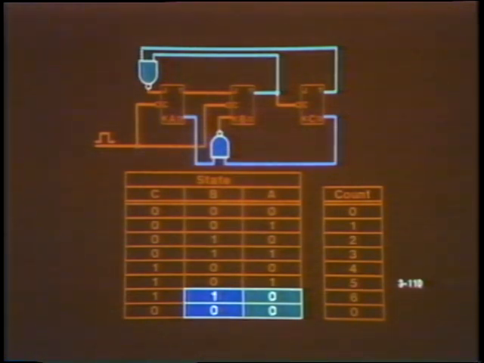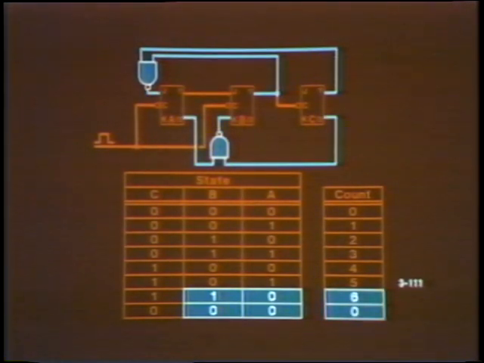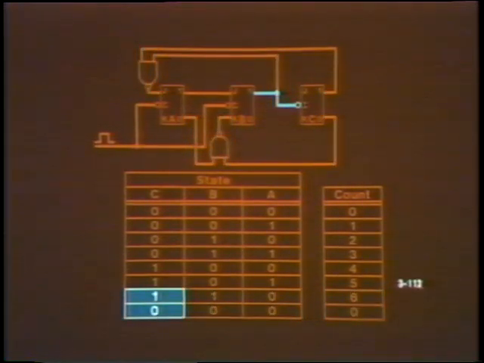The feedback loops of this counter force flip-flops A and B back to 0 after a count of 6 is reached. No feedback is required to force C back to 0, since B's output of 1 falling to 0 will cause C to toggle naturally.